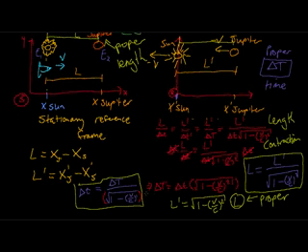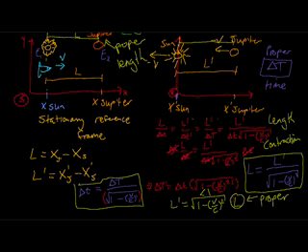Hope that makes sense. So you can see that this value of L prime is going to be less than L, because whatever velocity we have, this value is always going to be less than 1. Therefore, we're multiplying L by a value less than 1, so L prime is always going to be less than L, unless the velocity is 0.